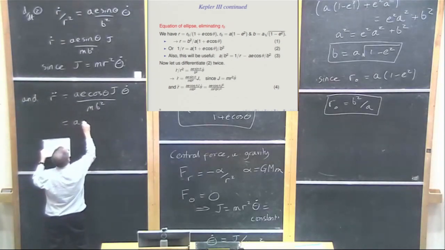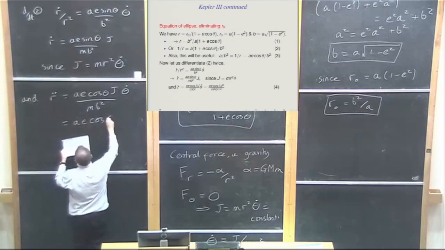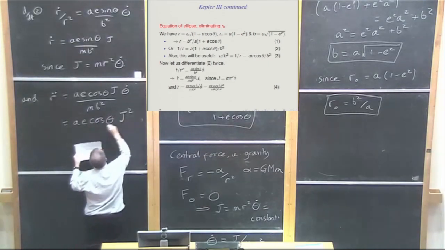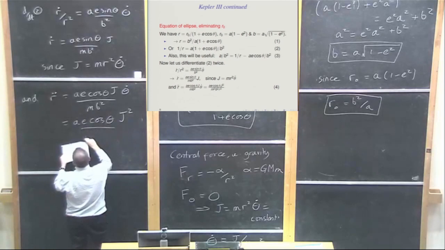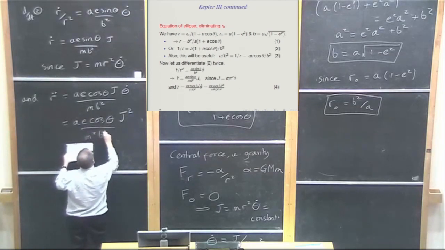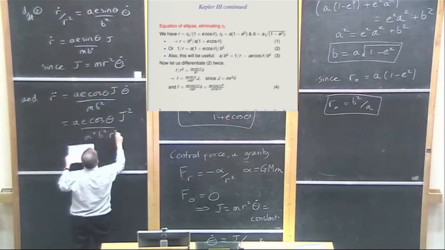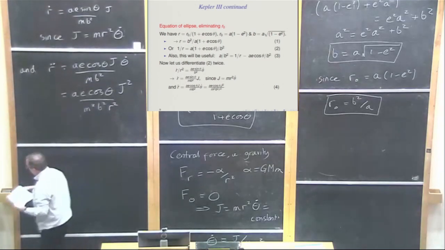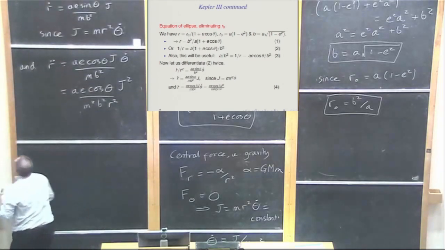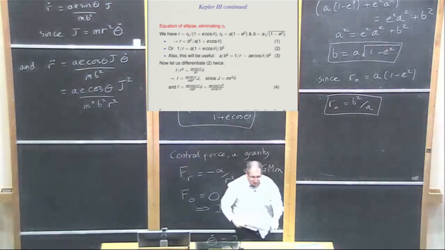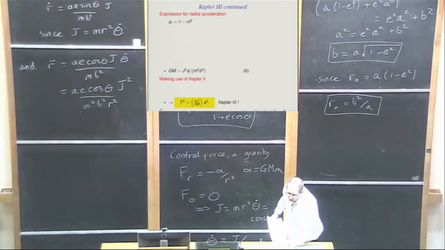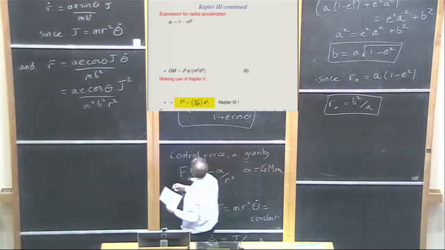Substituting for theta dot, I get a e cosine theta j squared over m squared b squared r squared. Okay, so we've got something which we can now think about putting back into Newton 2.